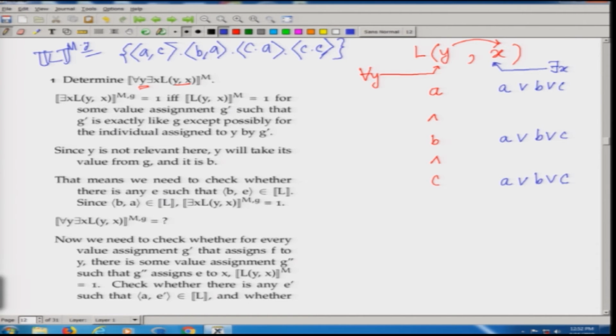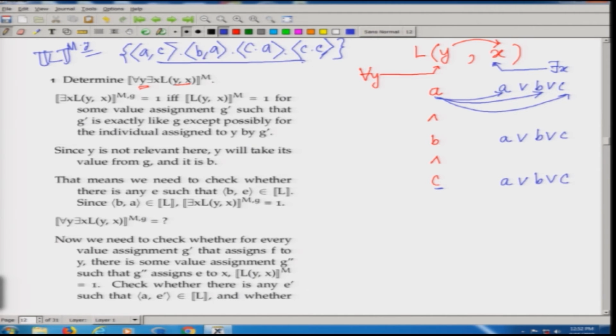We need to check whether there is any combination of A and A, or A and B, or A and C, any such pair whose first member is A is part of L, and whether any pair whose first member is B is part of L, and similarly any pair whose first member is C is part of L.